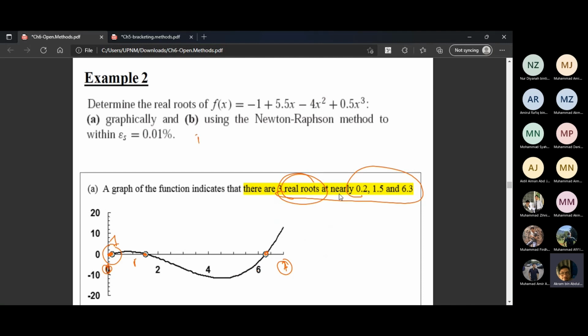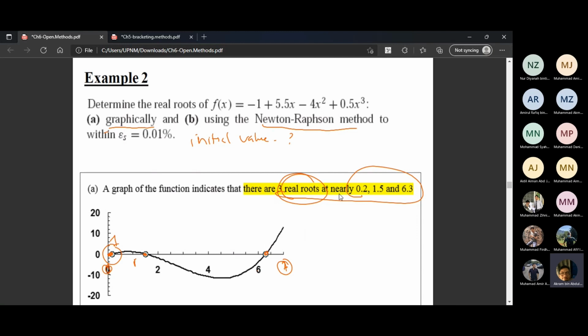So there is no initial value given in this question. So you are not given an initial value. So what value do we need to choose in order to start with our Newton Raphson method? That's why this question asks you to graphically find the roots.